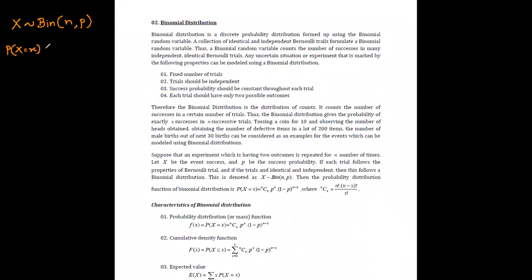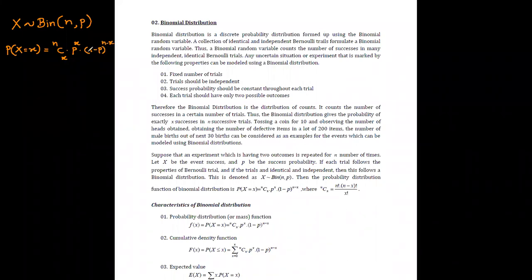This can be obtained using combination notation: nCx, which means x items chosen out of n trials, times p to the power x, where p is the success probability, times 1 minus p to the power n minus x.